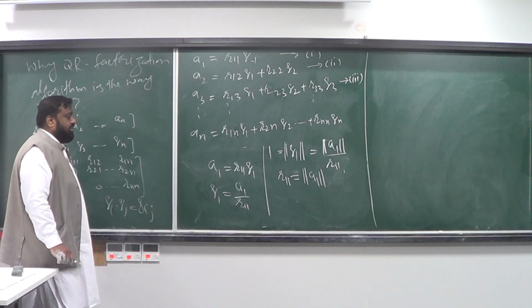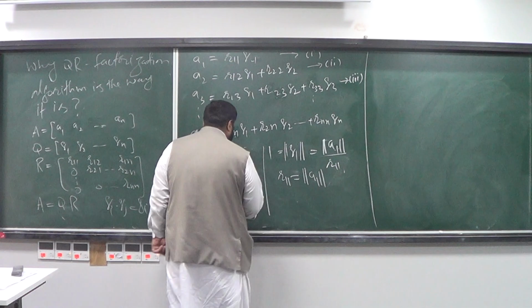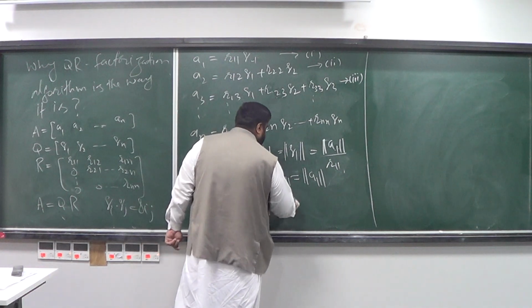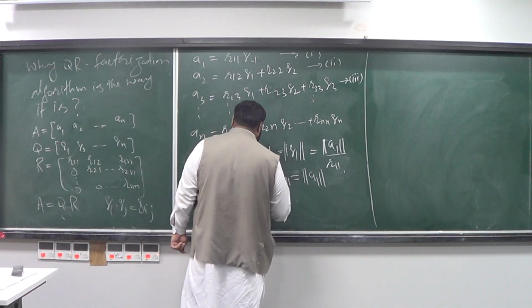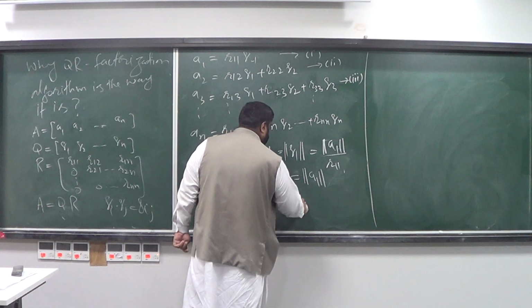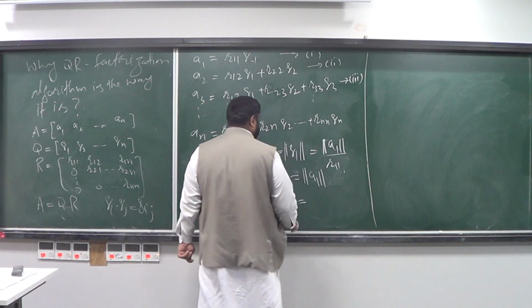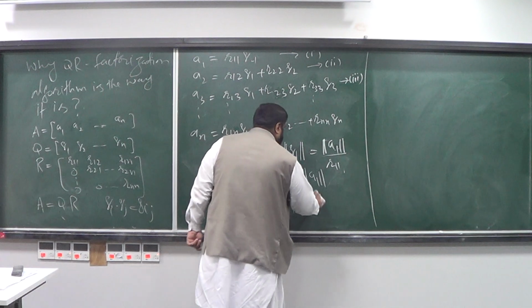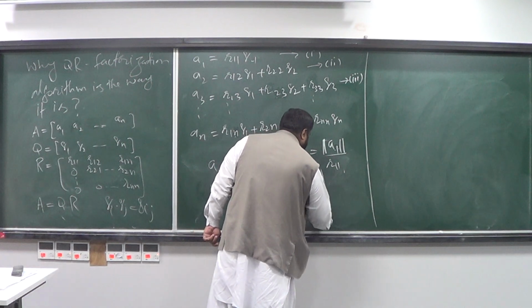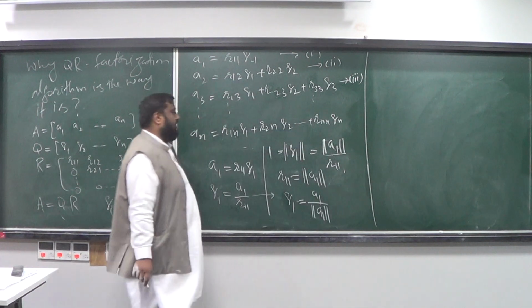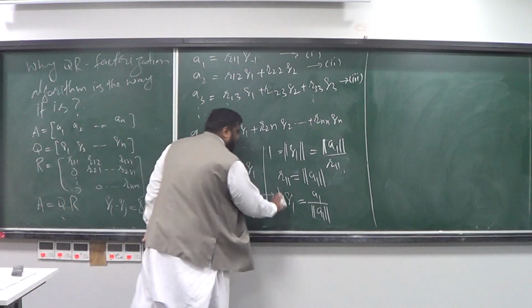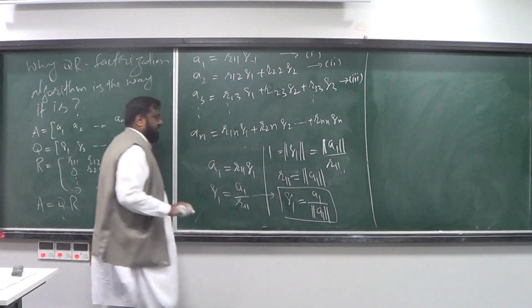So from this I can deduce that Q1 is equal to the vector A1 divided by the magnitude of A1. This is going to be your value of Q1.